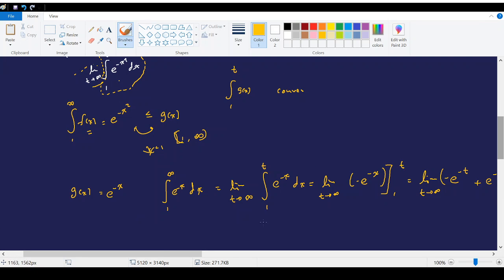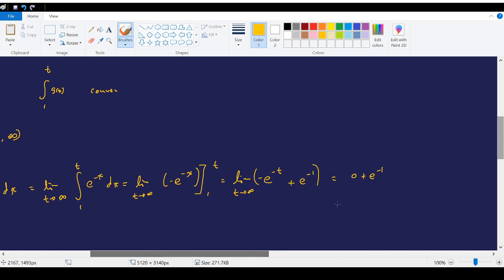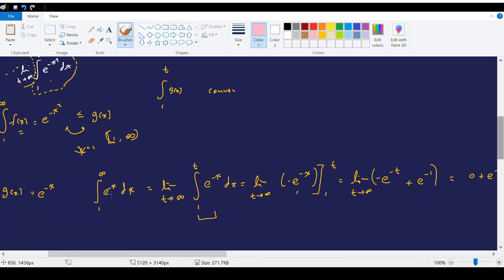So what you do is you write down the integral as a limit problem, and then evaluate this integral, which is equal to negative e to the power minus x, and by substituting the upper and lower limit you can obtain the answer as e to the power negative 1. In other words, the integral of our simpler function will converge.